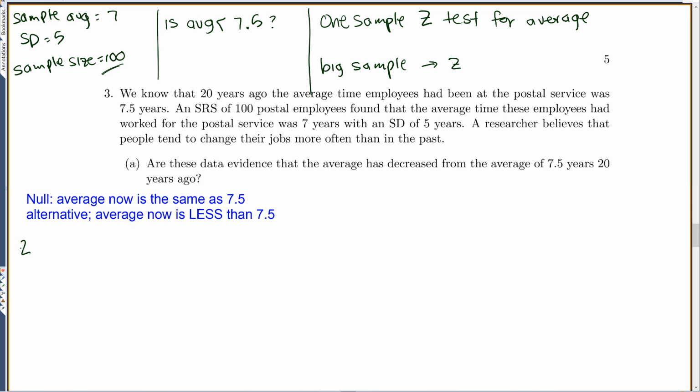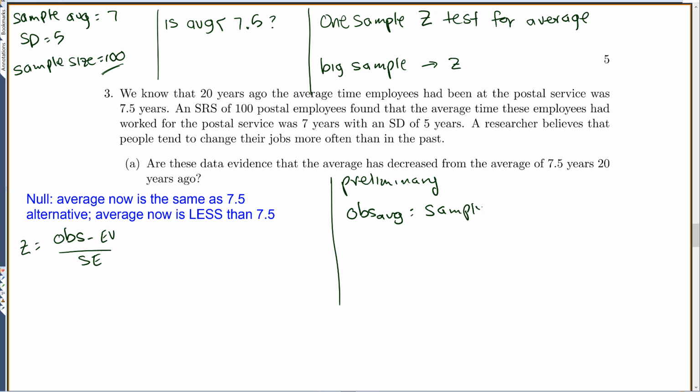Now test statistic, Z equals observed minus the expected value over the standard error. We haven't found those things yet, so let's find them off to the side in our preliminary work. So our observed average would just be equal to our sample average, which was 7.